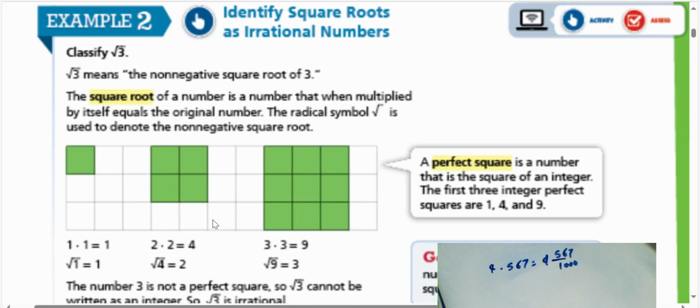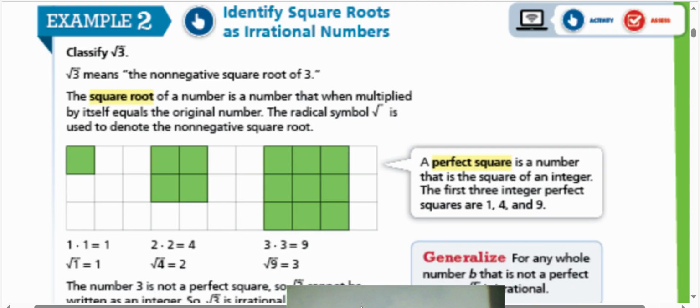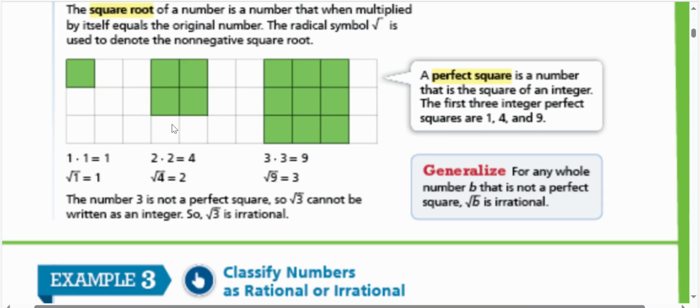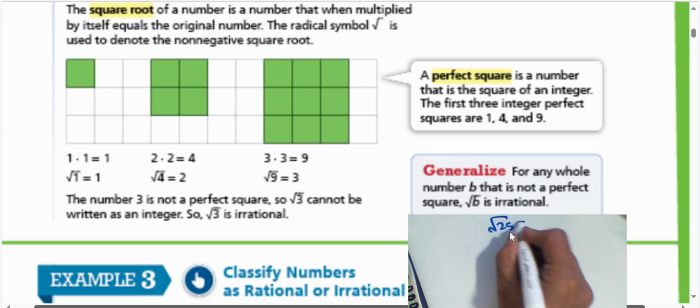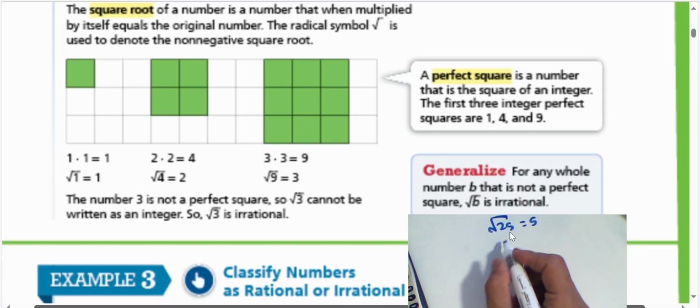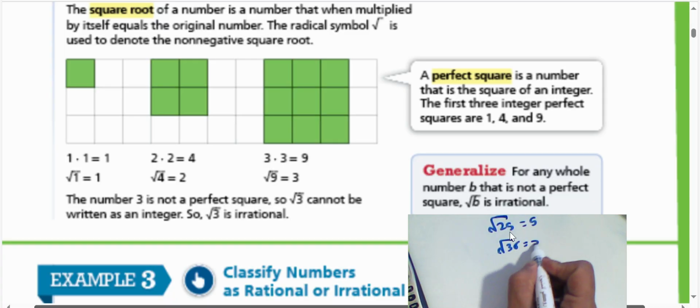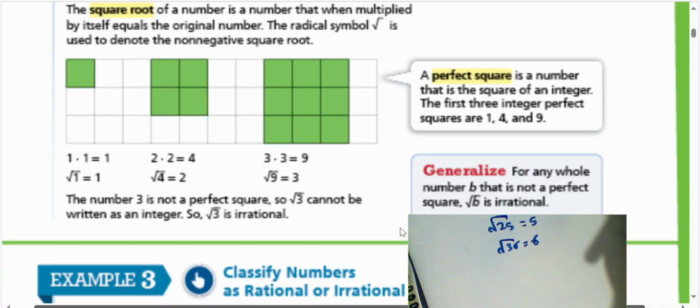Example number 2 here. We have 1 times 1 equals 1, 2 times 2 equals 4, then the square root of 1 equals 1, it's a perfect square. Like what? Square root of 25 equals 5, because 5 times 5 is 25. Square root of 36 equals 6, because 6 times 6 equals 36, and so on.